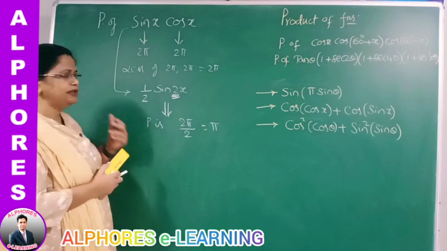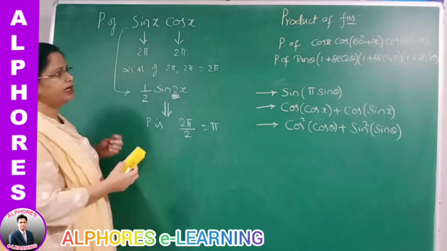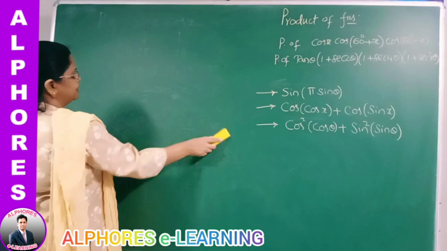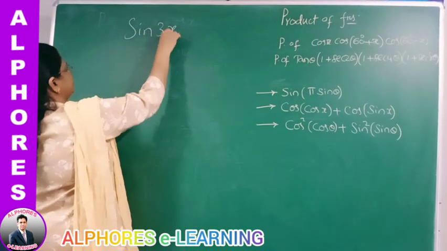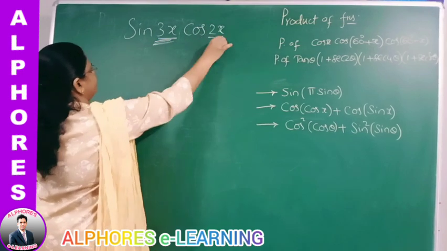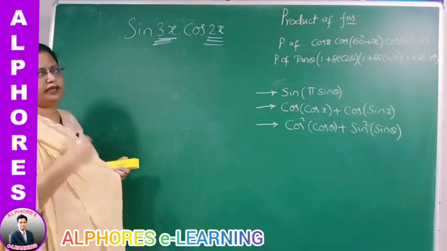making use of multiple and submultiple angle formulae, or else you can make use of transformation formulae. Suppose they asked about the period of sin 3x into cos 2x, right? Earlier both were of the same value, therefore we found the formula from multiple and submultiple angles.